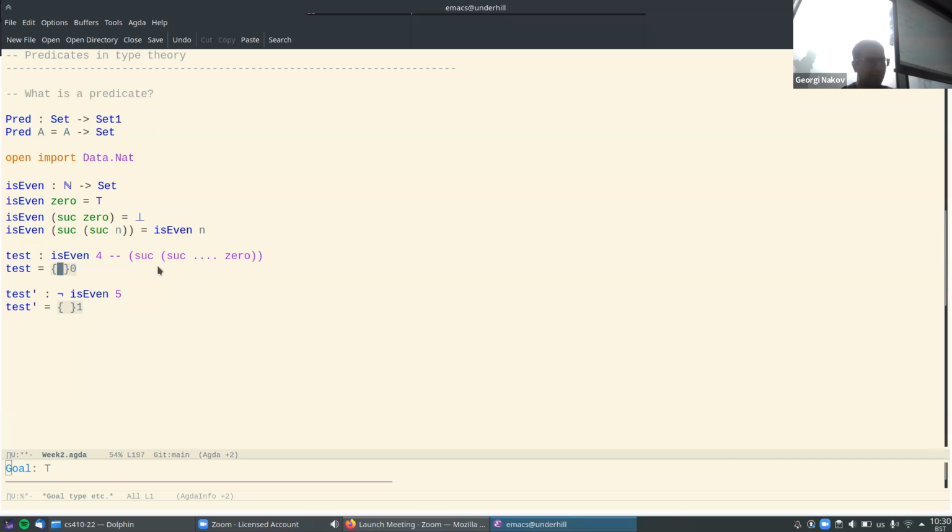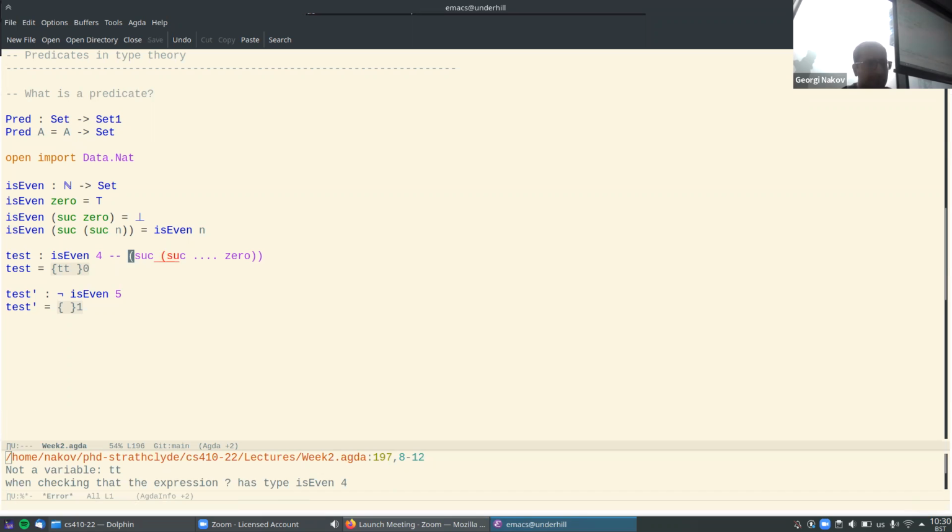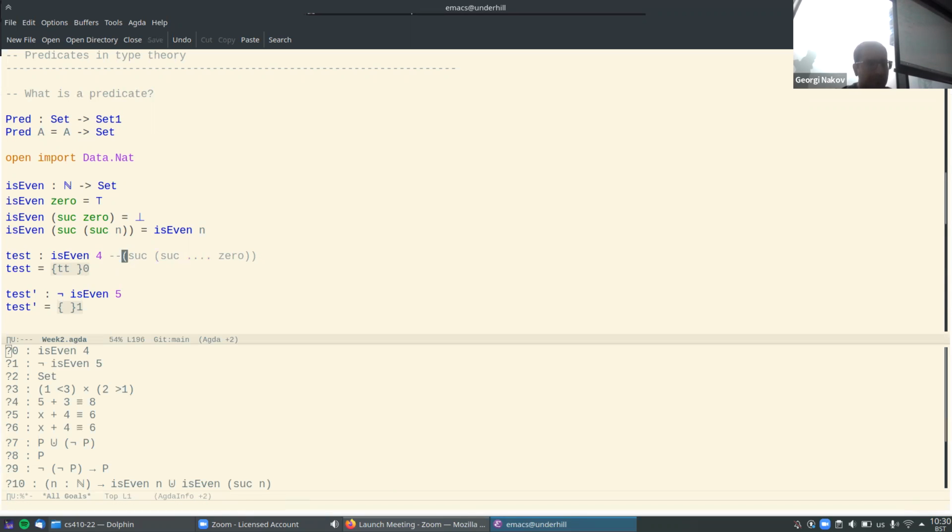Thank goodness we were allowed to write Arabic notation. If you just run the program that we just wrote, but you don't have to run it because Agda will run it for you, then that will compute to the trivial goal. So we can prove it. The type of is even 4 is just true.